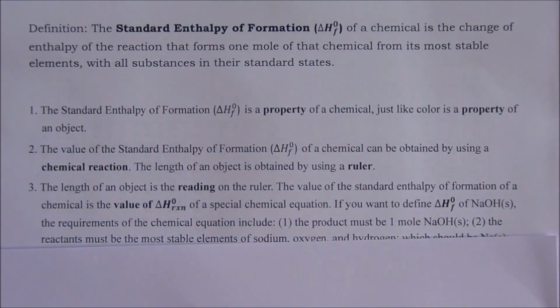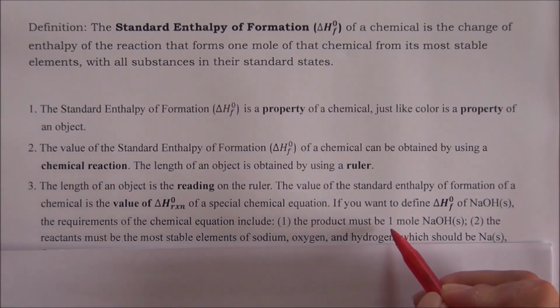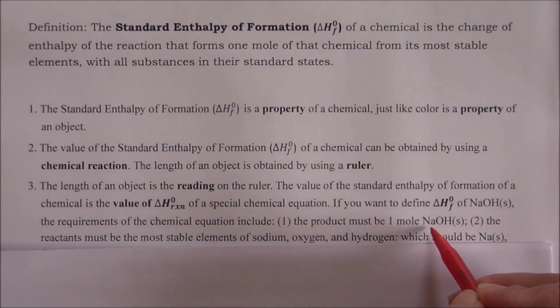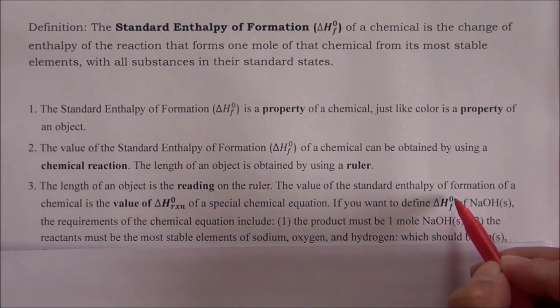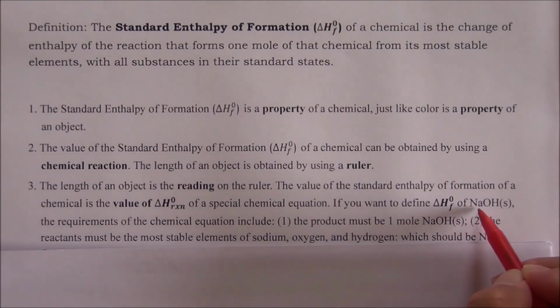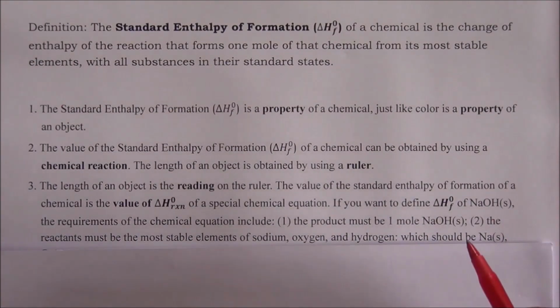The second requirement is the requirement of the reactants. The requirement of the product is it has to be 1 mole of sodium hydroxide solid because we're trying to define the standard enthalpy of formation of sodium hydroxide solid. Therefore, sodium hydroxide solid must be the product, and it has to be 1 mole as well.